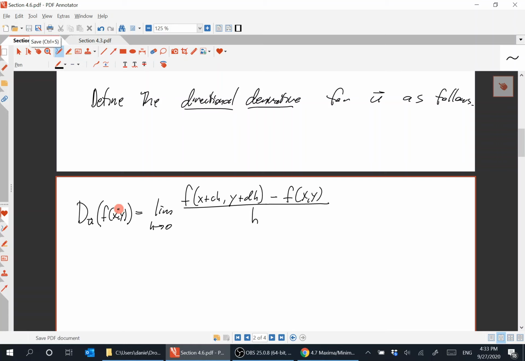Actually, let's do it in terms of constants a and b, so this is a, and this is b, instead of variables x and y.